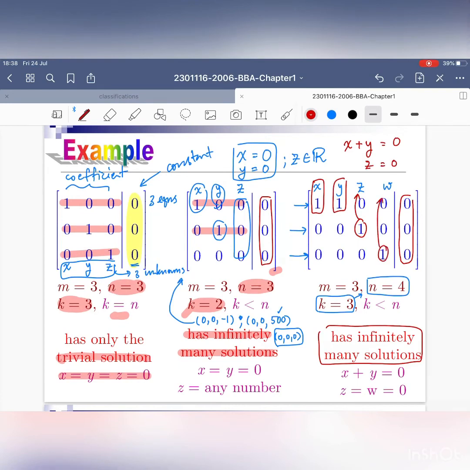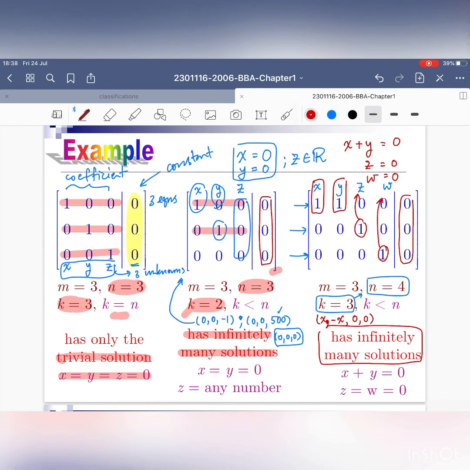There is your w, is 0 as well. So this means that the solution will be in terms of x, and your y is a what? Your y is a minus x, and then the z and the w are fixed to be 0.